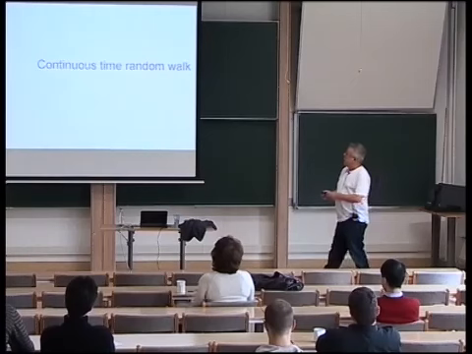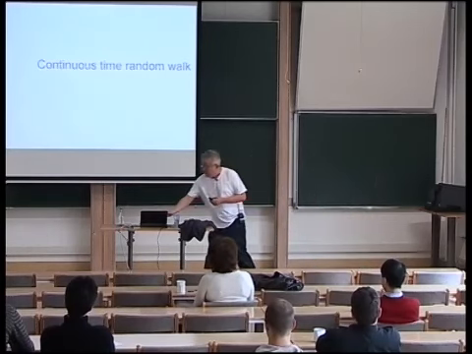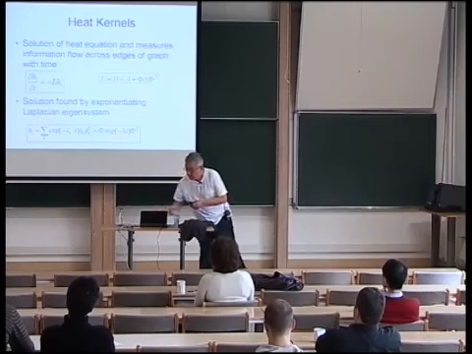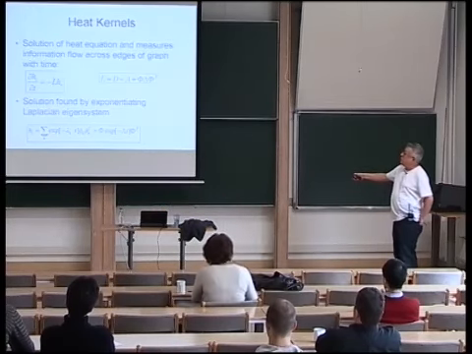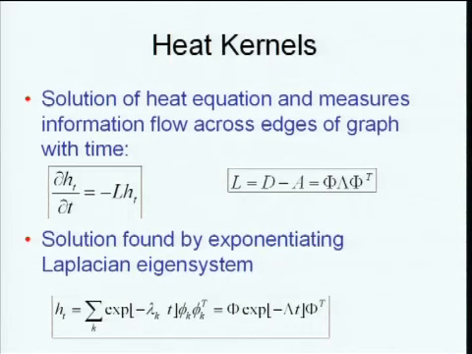What I'm going to focus on rather more in this talk are the properties of continuous time random walks on graphs. For a continuous time random walk on the graph, what we're interested in is the solution of the heat equation. I've written the heat equation here: dH/dt equals minus L times H(t), where H(t) is the heat kernel.